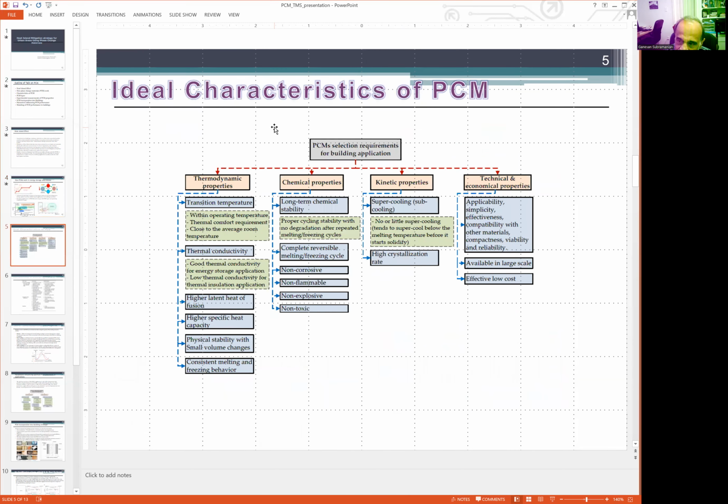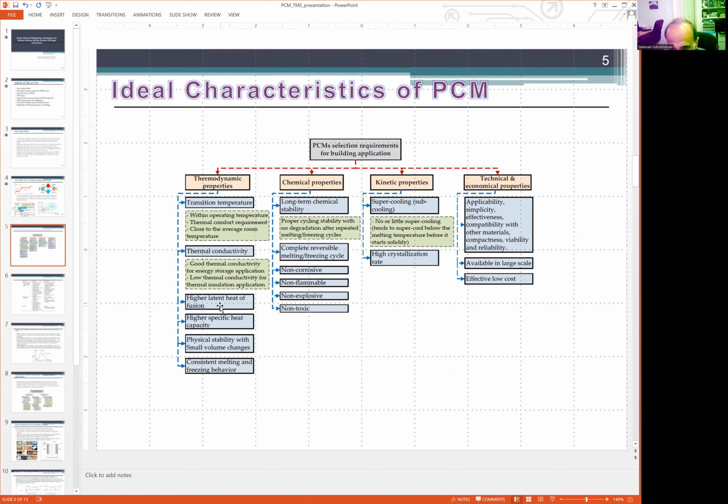Now, what are the ideal characteristics of a PCM? Now, there are 4 kinds of properties: thermodynamic properties, chemical properties, kinetic properties, and technical and economical properties. Thermodynamic properties are the transition temperature, what is the operating temperature range, what is the thermal comfort requirement, and it should operate close to the average room temperature, and should have good thermal conductivity for energy storage application, and we want low thermal conductivity for thermal insulation application.